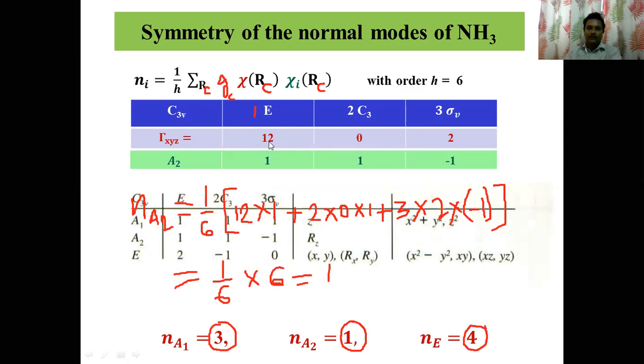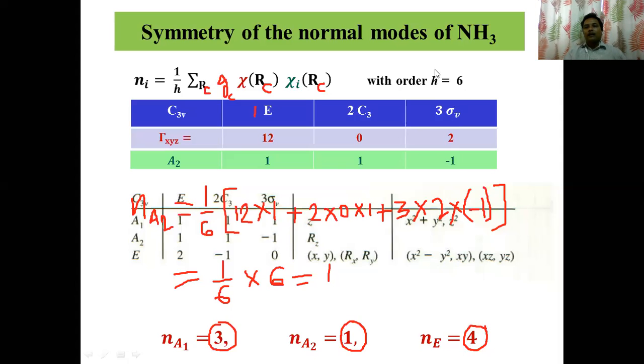So 2 into this 24, then this into 0, that is 0, this into this 0, that is going to be 0. So it's basically 24 by 6, so that is going to be 4, right? Okay, I think that is clear by now. Otherwise we can discuss it if we get time.